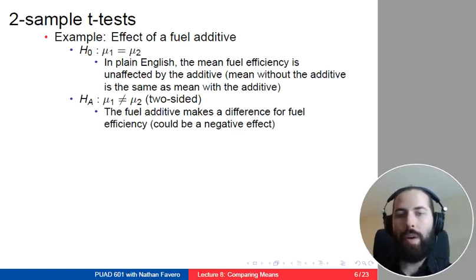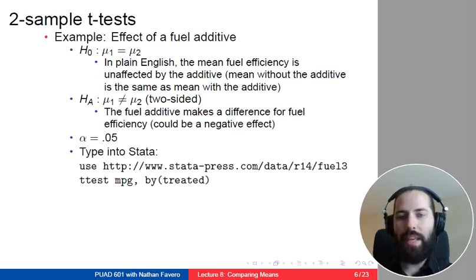If we had created a one-sided test, we could say that we specifically are interested in whether or not, as an alternative hypothesis, the fuel additive has a positive effect. But for now, we're just going to focus on the two-sided test. All right. We're just going to stick with the standard alpha level of 0.05, like I said we usually do, unless we have a good reason to do something else.